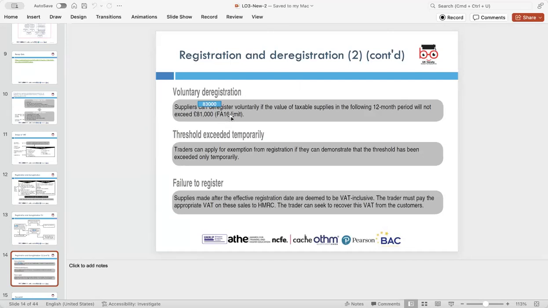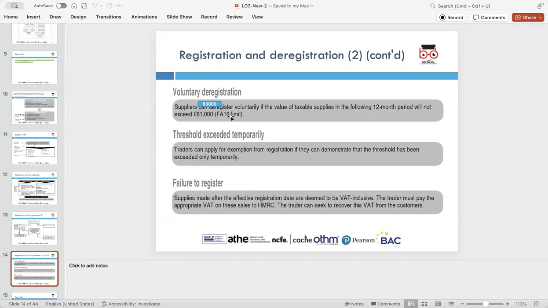In some cases, a business might temporarily exceed the registration threshold. In such instances, traders can apply for exemption from registration by demonstrating that the threshold has been exceeded only temporarily. Failure to register for VAT can have consequences.